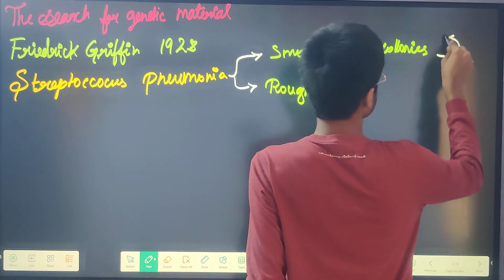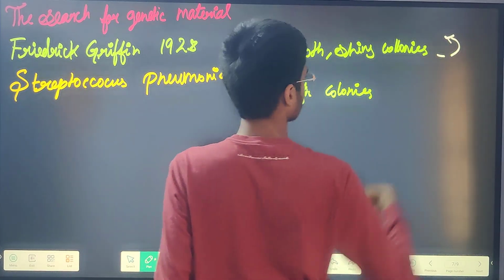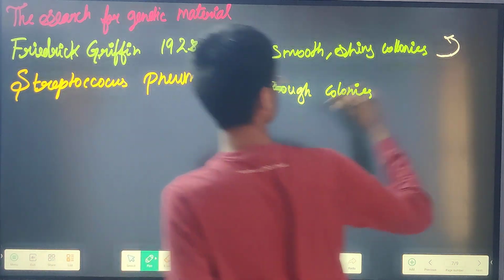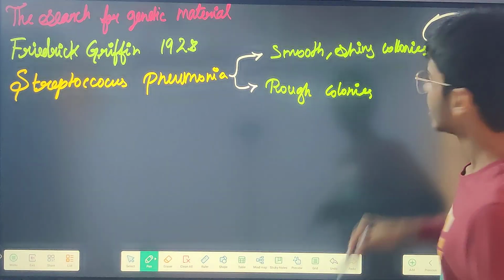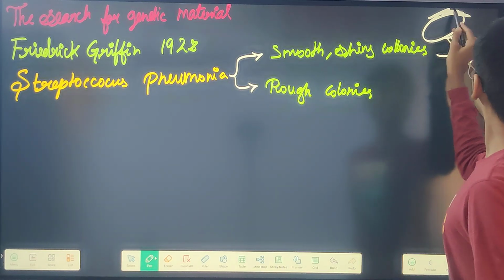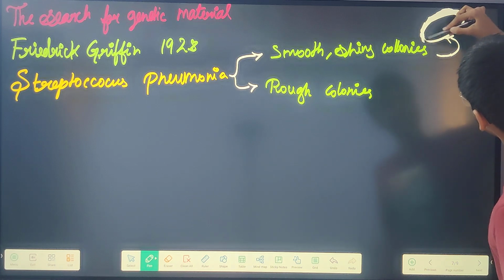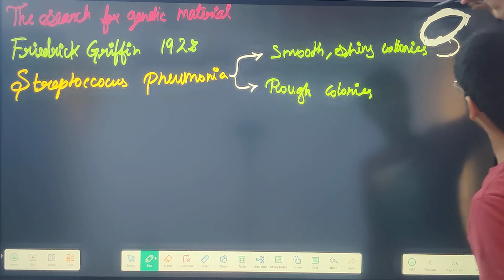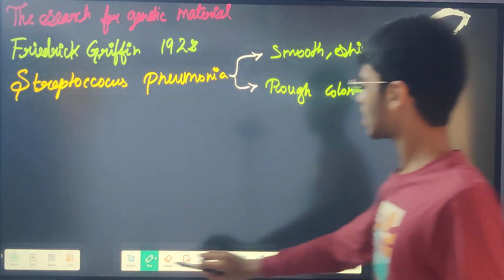These smooth and shiny colonies have on their outer surface a shiny membrane, which is actually mucus, because in their membrane there will be glycocalyx.